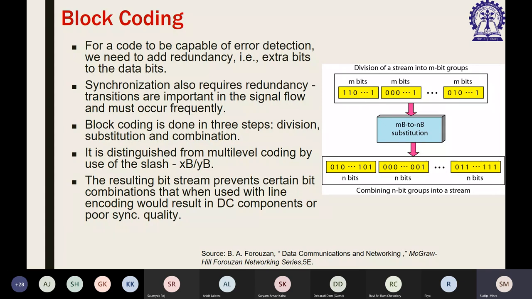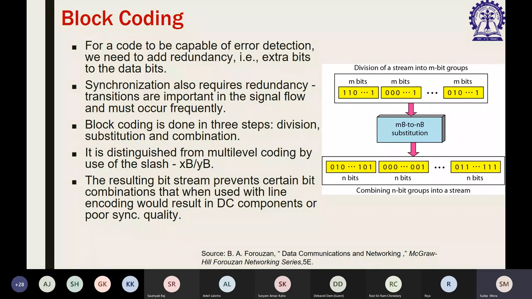So what we will get at the end of this is n bits, substituted m bits to form n bits, right? So n bit blocks like this. Then you have to combine these n bit groups to form the entire stream that has to be transmitted.